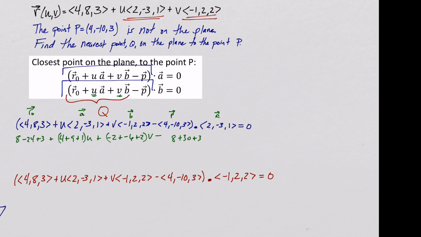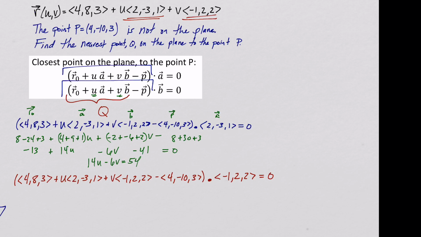And so if I simplify this, I should have something that looks like, let's see, negative 13 plus 14u minus 6v minus 41. And that all equals 0. And so now I'm going to simplify it one last time. I'm going to say that 14u minus 6v equals 54.